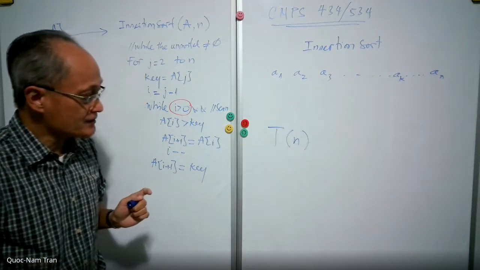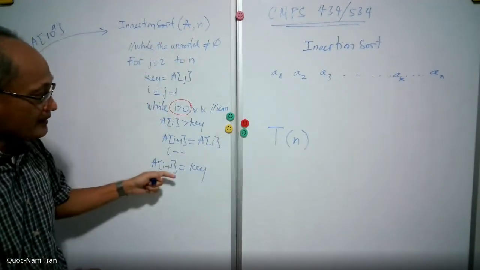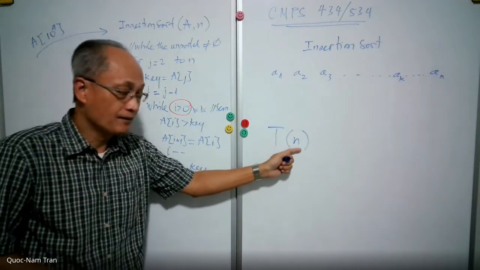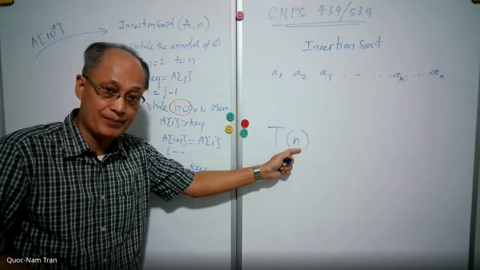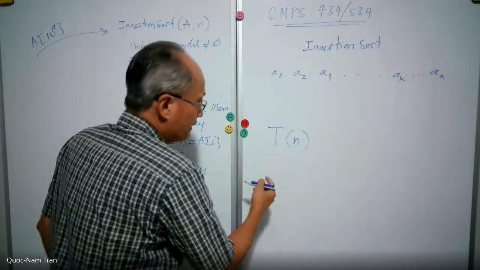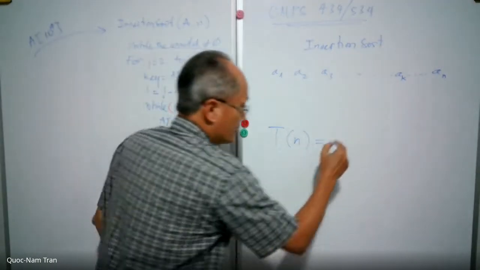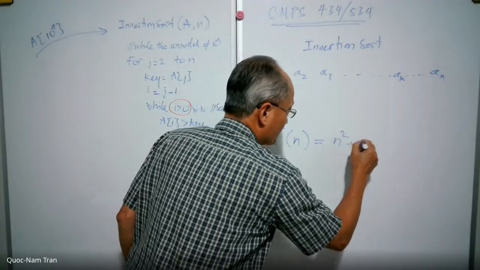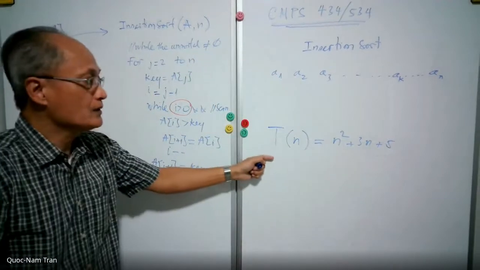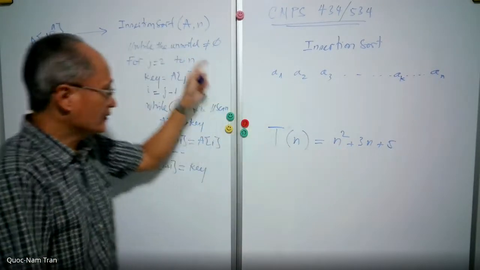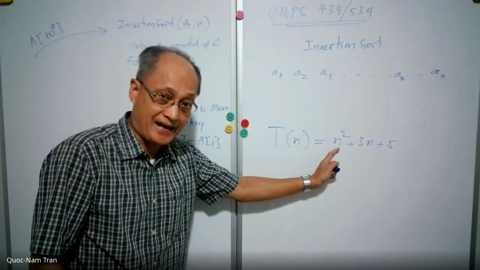So the idea is that we want to have the number of steps this algorithm will take for an input of size n, where n can be any number. And basically, we want to have this number in terms of, for example, n squared plus 3n plus 5. That said, we want to know how many steps this algorithm will take based upon the input size n.